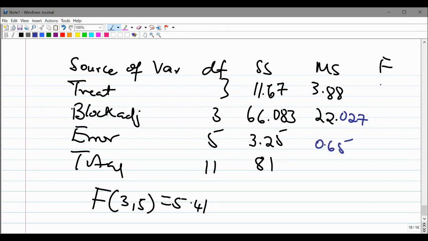Let's get the F. 5.98. Second one, 33.23. Yes.